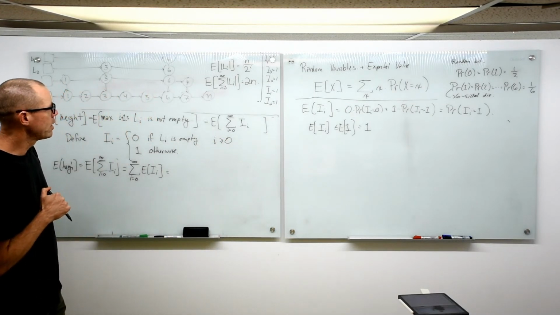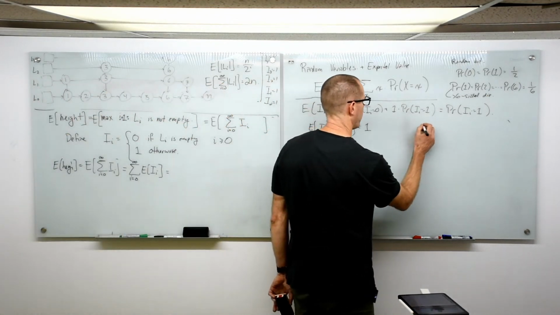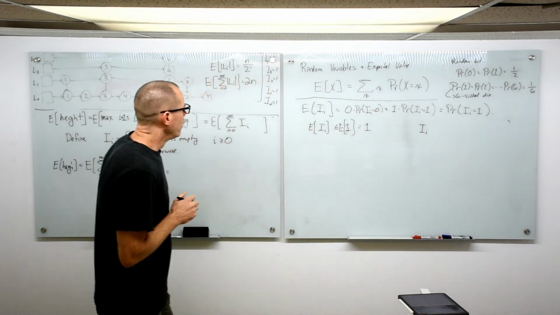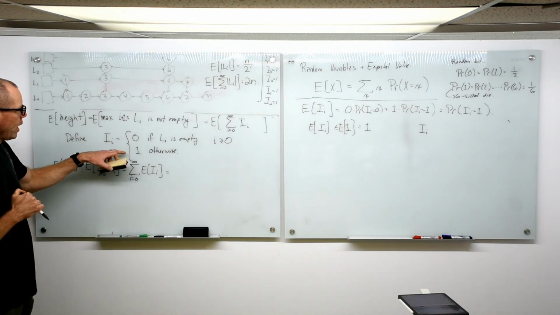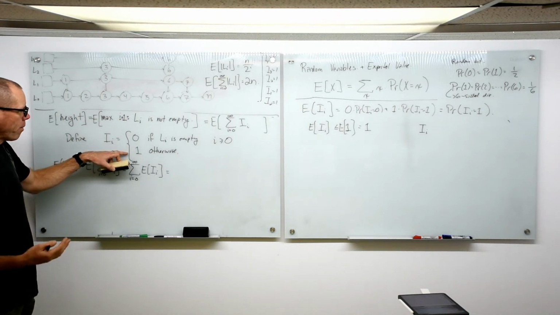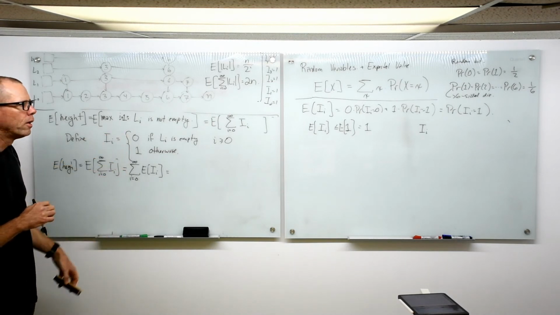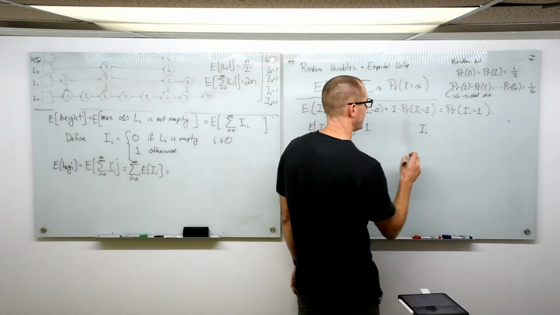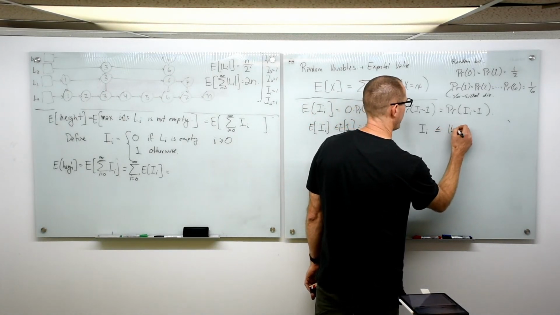Here's something that is as trivial. I_i is 1 if L_i is not empty, and it's 0 if L_i is empty. So that means that I_i is also less than or equal to the size of L_i.